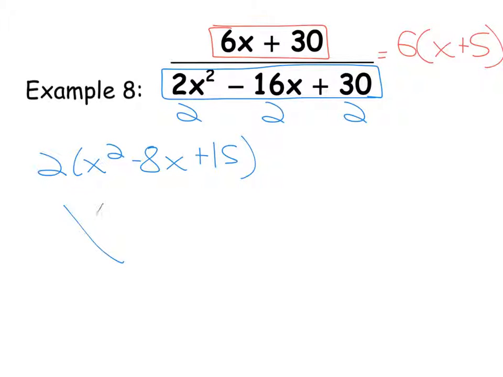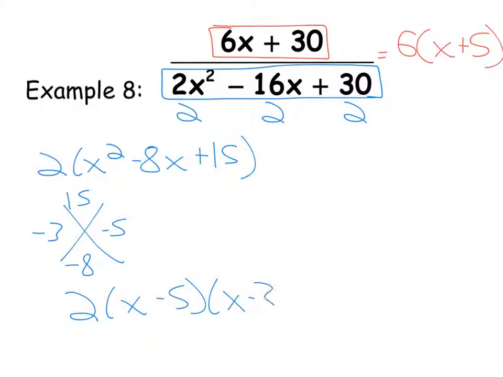So, number puzzle, 15 on top, negative 8 on the bottom, two numbers that multiply to 15 and add up to negative 8. How about a negative 3 and a negative 5? And so we can rewrite our denominator as 2 times x minus 5 times x minus 3.